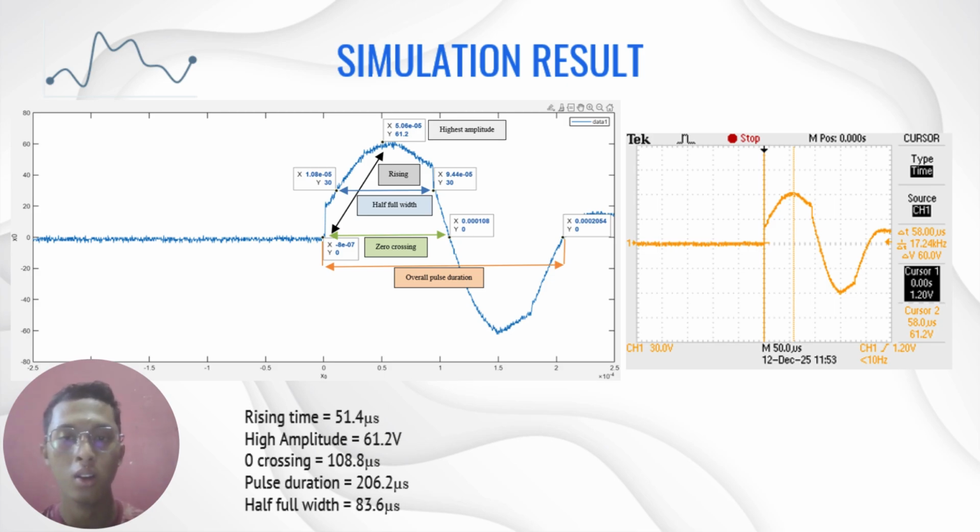We take the first 0 volt until it turns back to 0 volt, and then overall pulse duration, which is from the beginning of the pulse until the end of the pulse. And then the last one is half full width. We take the highest amplitude, and then 50% of the amplitude, and we take the duration of it.